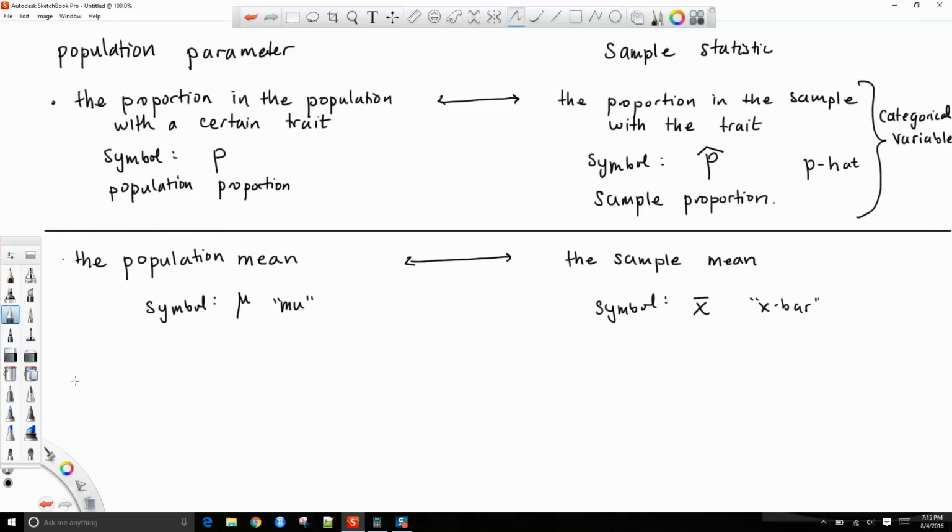Then you have the population standard deviation, and the symbol is sigma.